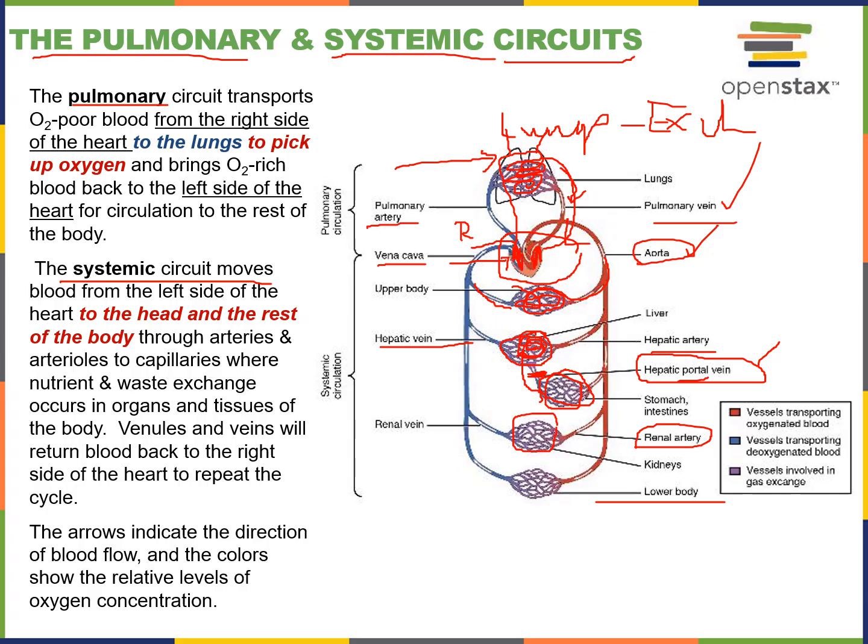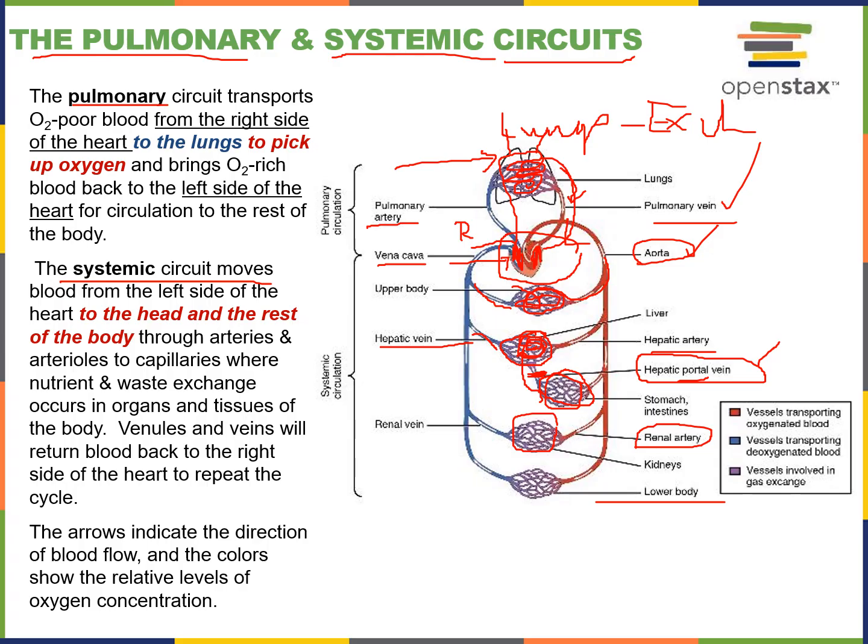So the hepatic portal vein is not the hepatic vein. They're different. The hepatic vein takes deoxygenated blood away from the liver. The hepatic portal vein takes blood from the small intestines area to the liver.